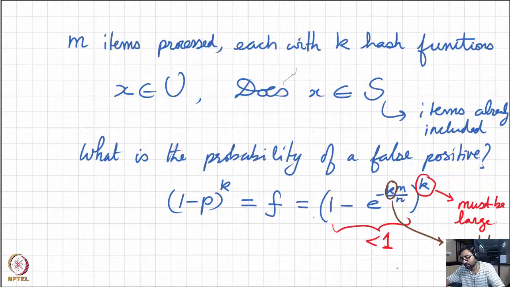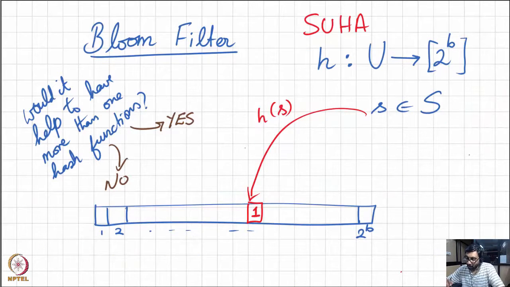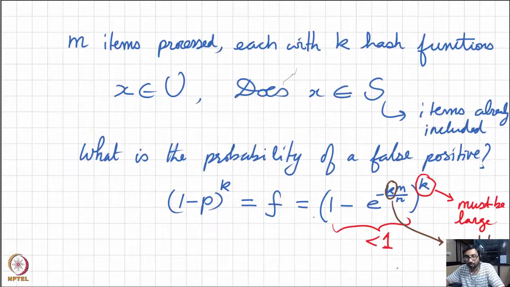So as you can see clearly, there is a tension here. On the one hand, we want a larger value of k, and on the other hand, a smaller value of k. This fits neatly with the intuition we already built, wherein as the number of hash functions increases, on the one hand false positives increase, and on the other hand false positives decrease. So we have mathematical evidence that the intuition is in fact correct.